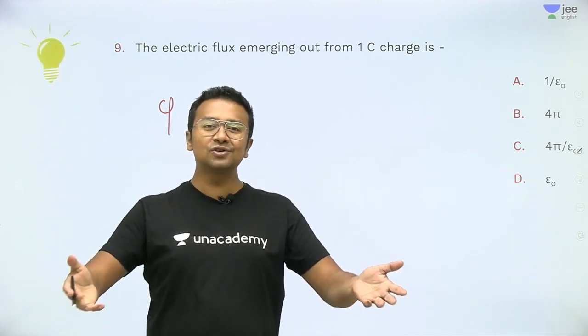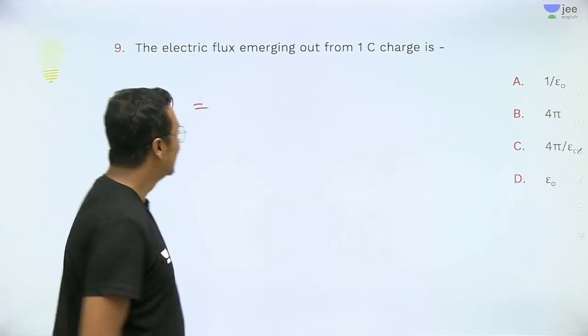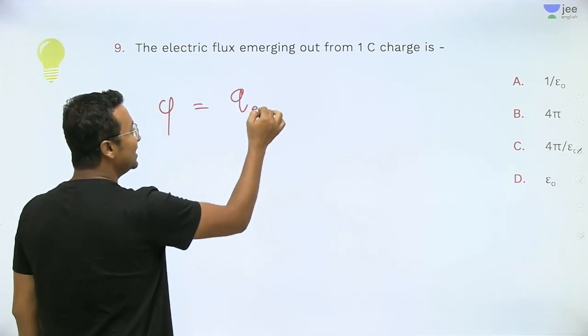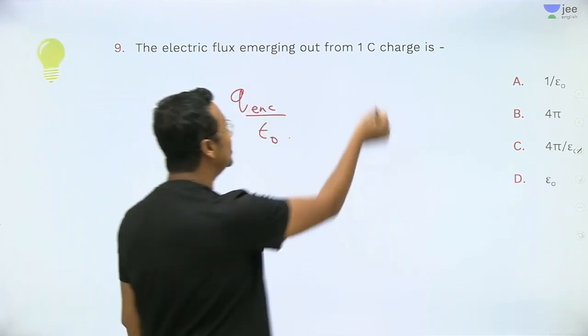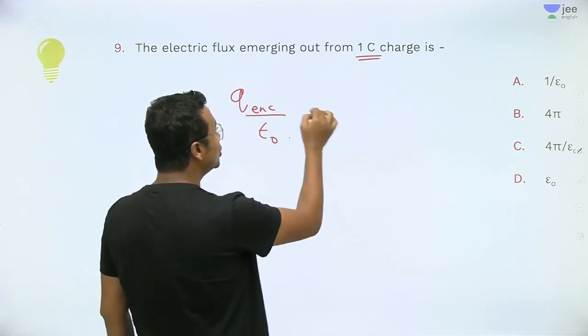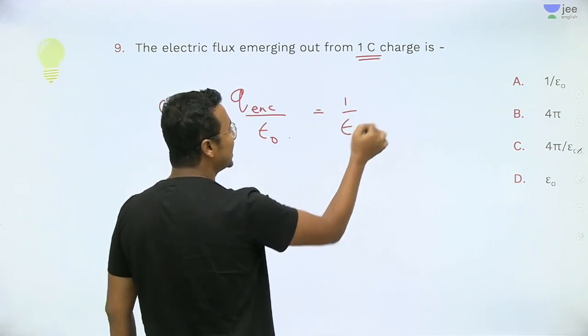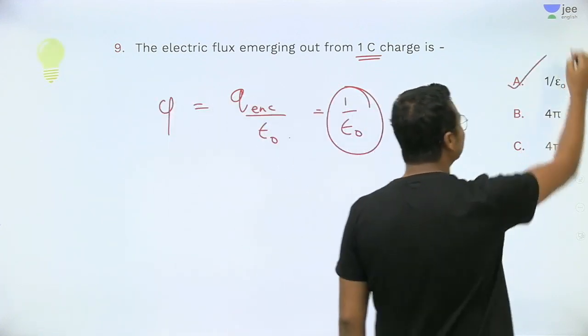Flux is equal to the charge enclosed upon epsilon naught. Such a simple one. And charge enclosed is how much, students? 1 coulomb they have given us in the question. So this will be equal to 1 divided by epsilon naught. This is my answer, simple one. So option A is the correct one.